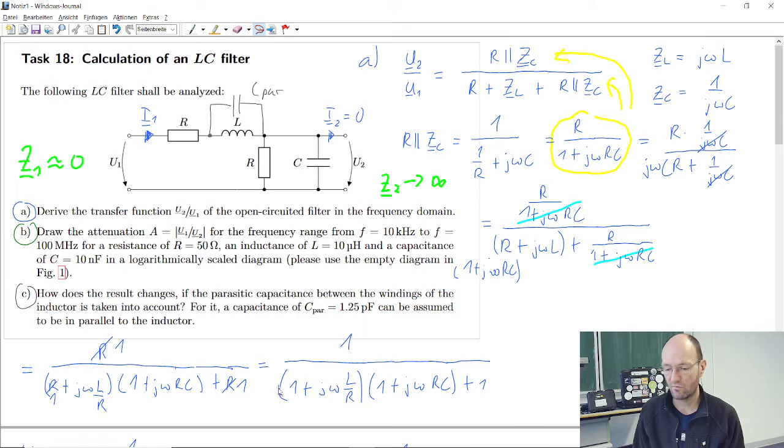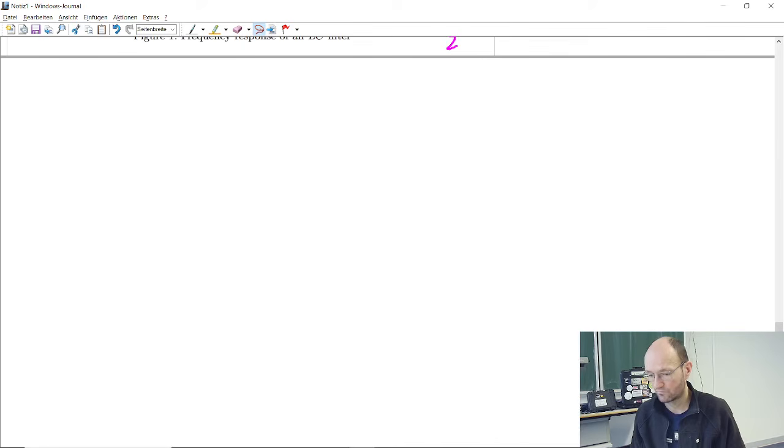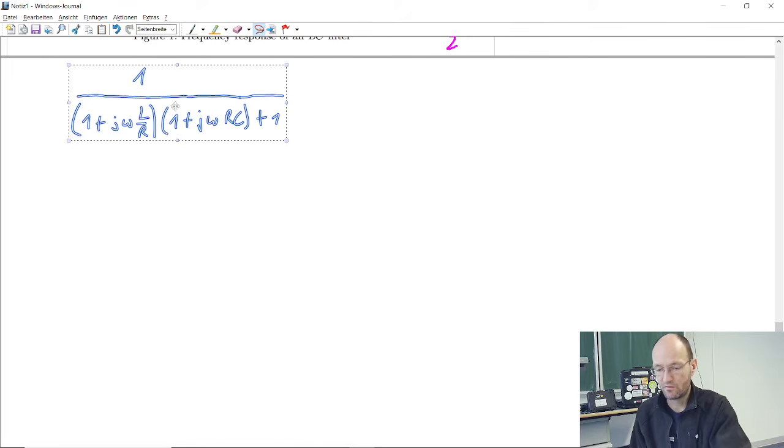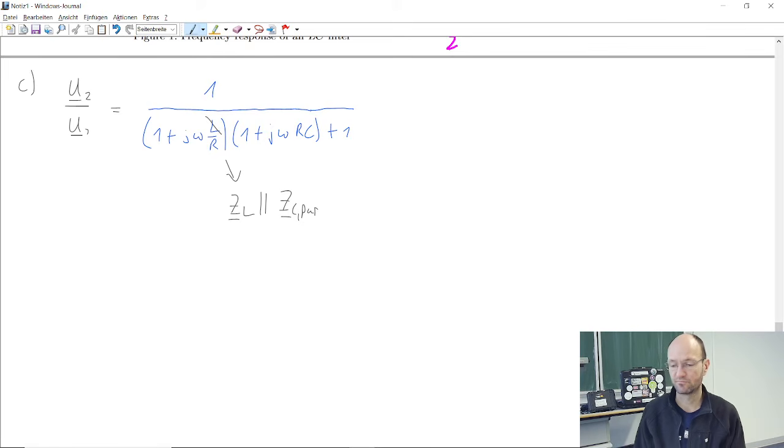So let me copy this one here, go to the last page and paste it here. So in task C, this ratio output voltage to input voltage, instead of this L here, now we need to have ZL parallel to the impedance of this parasitic capacitor.